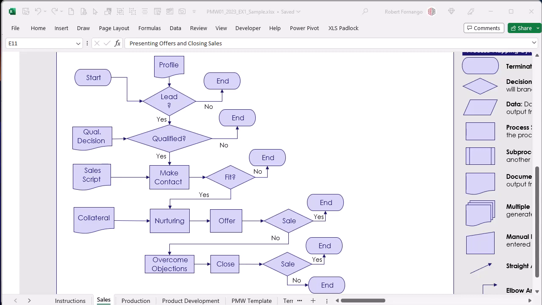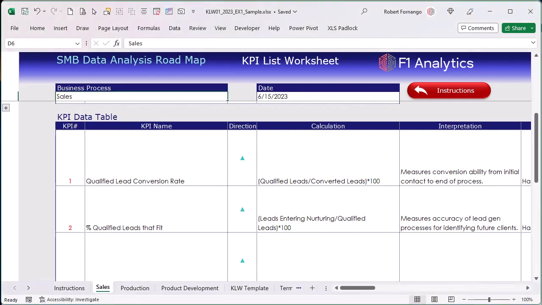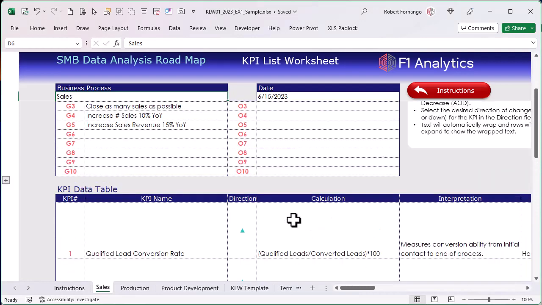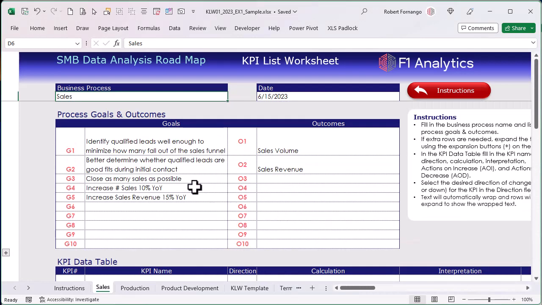But from this process map and from our thoughts about the sales process that we have from our previous video, I went through and developed several process goals and outcomes that we might want to look at for this system. And for the sales process, we started off with a process goal of saying we want to identify qualified leads well enough that we can minimize how many fall out of the sales funnel.